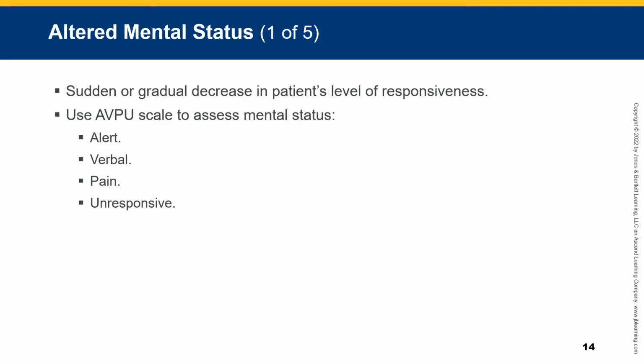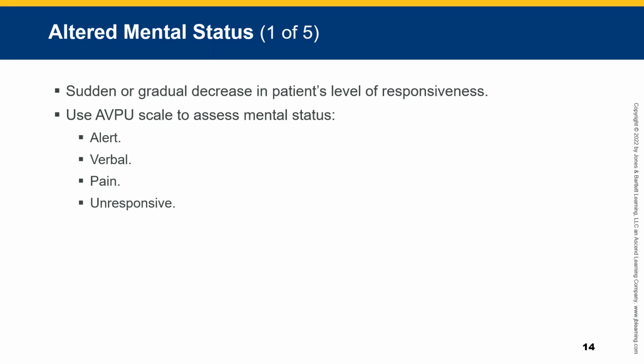And I had also mentioned to remember that someone with an altered mental status who's partially conscious cannot hear very well. So you want to make sure that you speak loudly to them, or maybe snap your fingers next to their ear or clap your hands to see if you get the V, which is responsiveness to verbal stimuli.